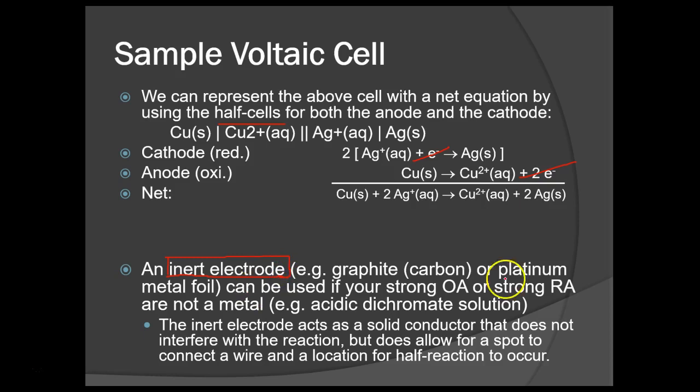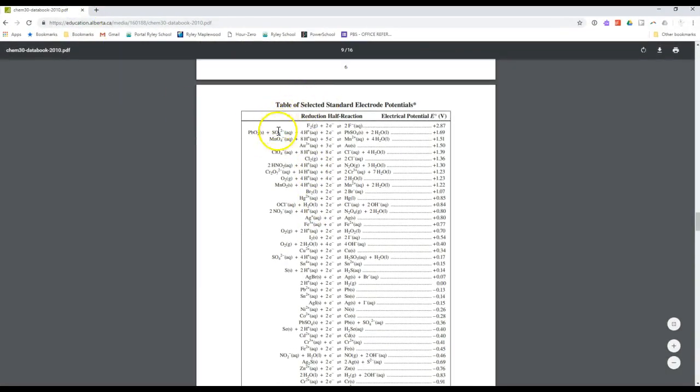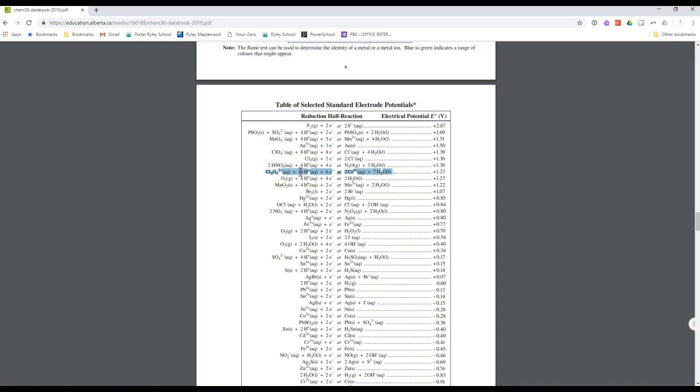For example, if you recall looking at our table, some of these combinations of strong oxidizing agents, like acidified permanganate ions or acidified dichromate ions, are solutions which act as the strongest oxidizing agent, but really don't contain a solid metal in any way.